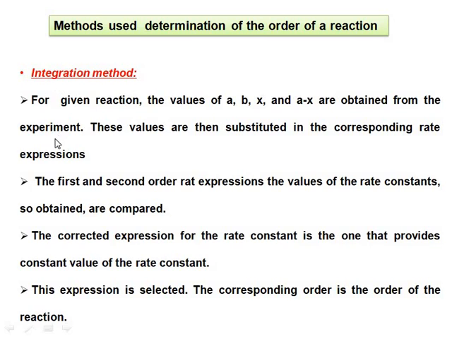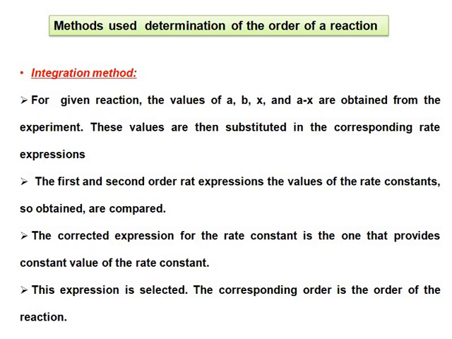In this method, for the given reaction, the values of a, b, x and a minus x are obtained from the experiment. Those values can then be substituted in the corresponding rate expressions, like the first order and second order rate equations.